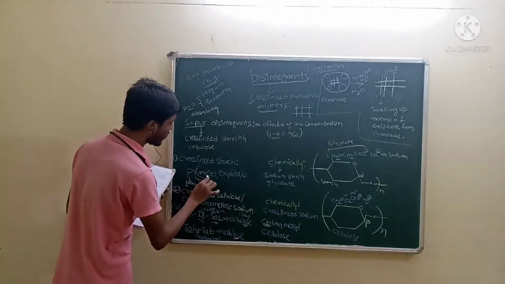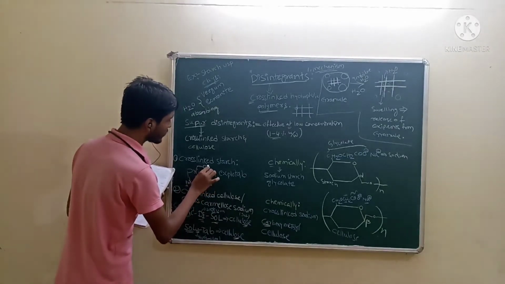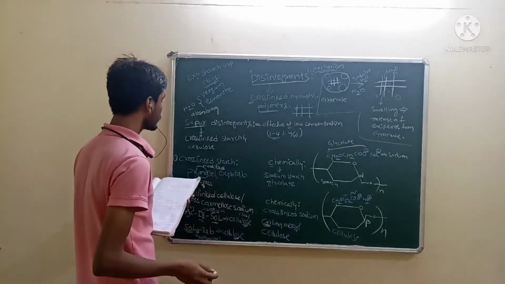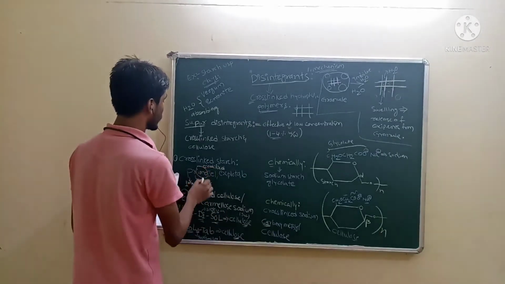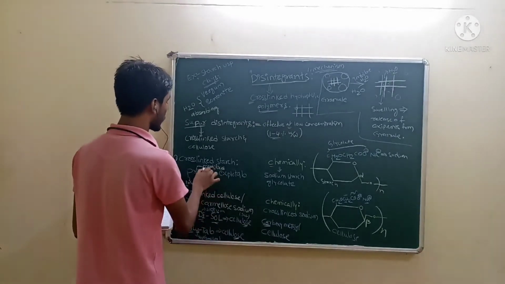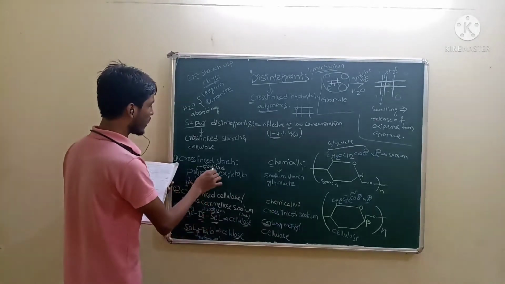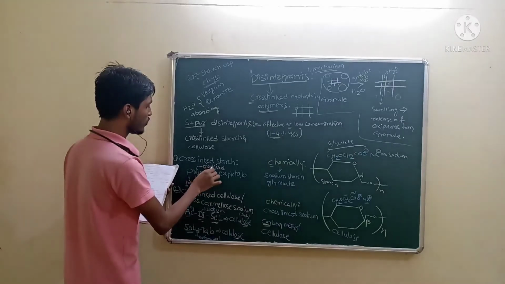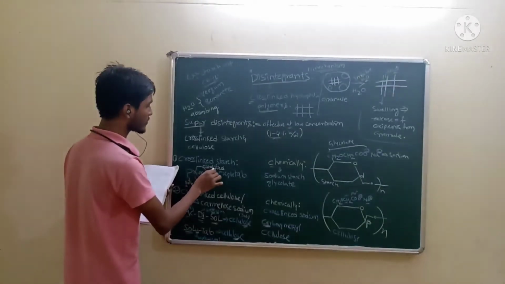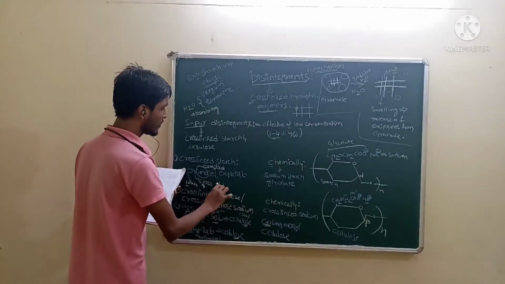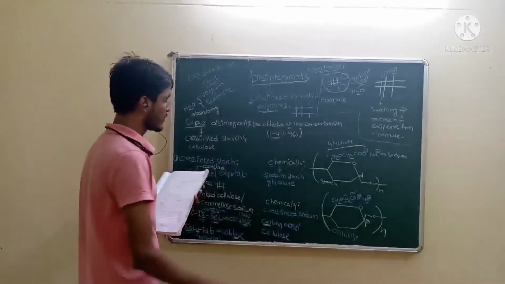It indicates modified. The M letter is there, I letter is there, O letter is there. In modified, IMO letters are there, hence IMO. Gel means it forms like this basic nucleus, like this gel structure.